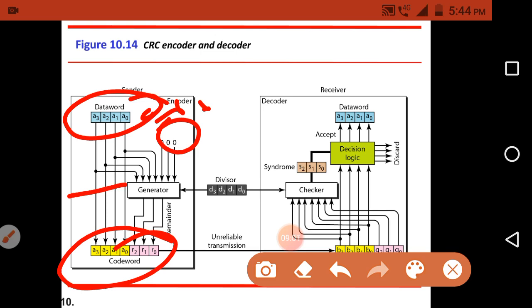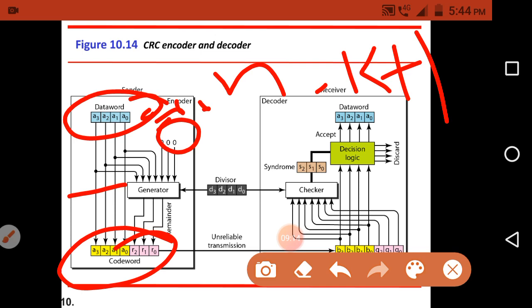The divisor size is n minus k plus 1, which is 7 minus 4 plus 1, which is 4. The divisor has 4 bits.